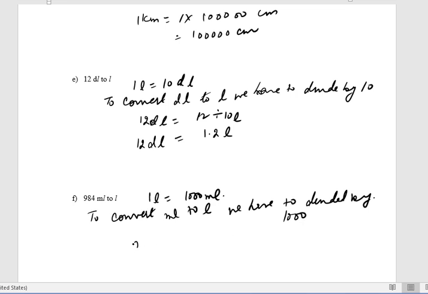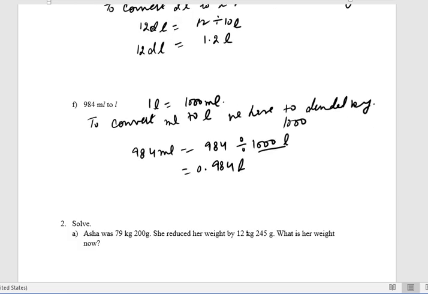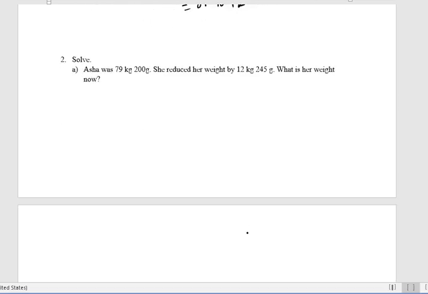So 984 ml equals 984 divided by 1000 liters, or you can say 0.984. There are 3 zeros after 1, so there will be 3 digits after the decimal point. I hope it is clear. Let's move to the next question.